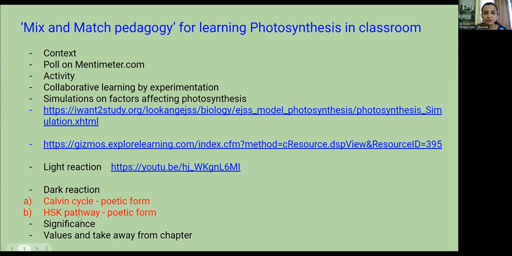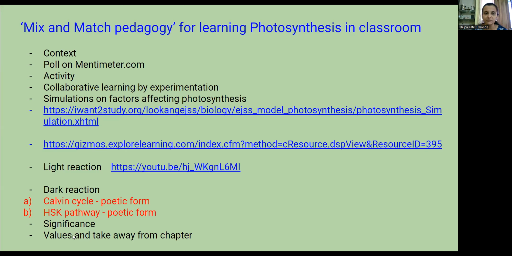And then we can go for the significance. And at the end, what could be the values? What could be the takeaway from this chapter? Not only learning the biochemical reactions of photosynthesis, but how can we relate this topic with life? What are the values which we can learn from this topic?